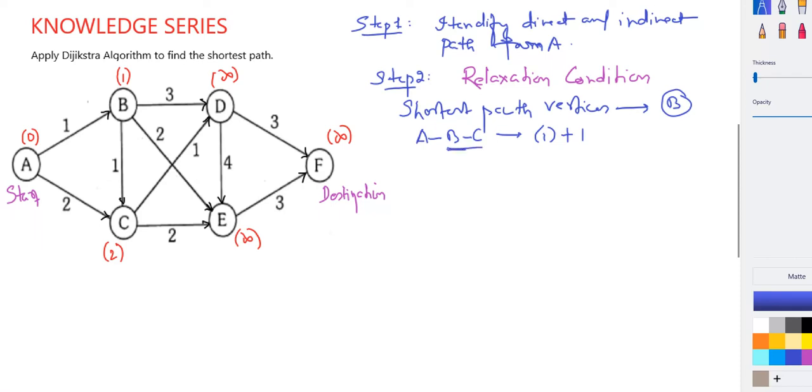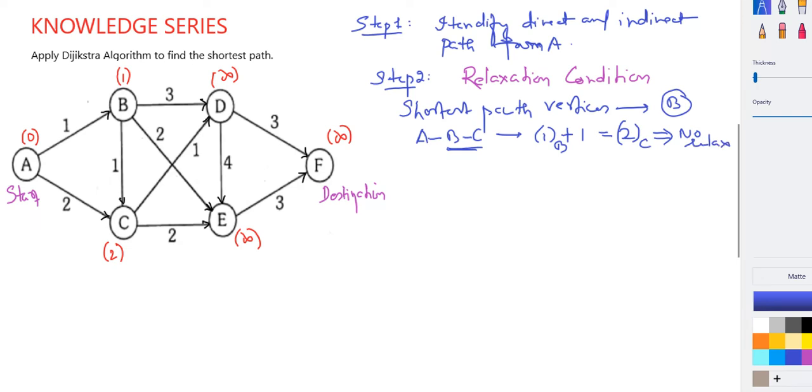The weight of B is 1 and the link between B and C is 1. So 1 plus 1 is equal to 2, and that is the weight at C. So at C the weight is 2, and the previous weight was also 2. So both are the same, so there is no relaxation. It shows that the relaxation condition is not satisfied.